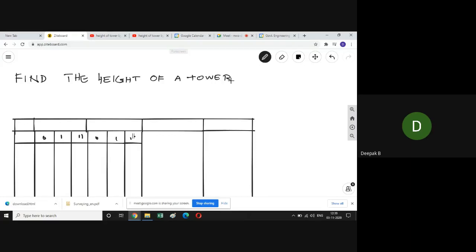This will be the last exercise in light, and we'll see how this is done. First, I will go through a quick revision of the theodolite instrument.